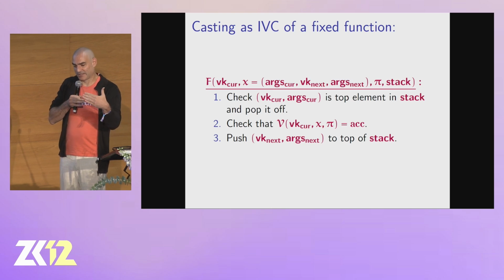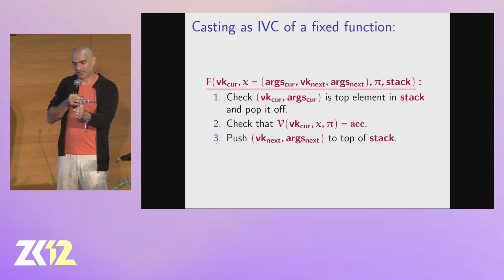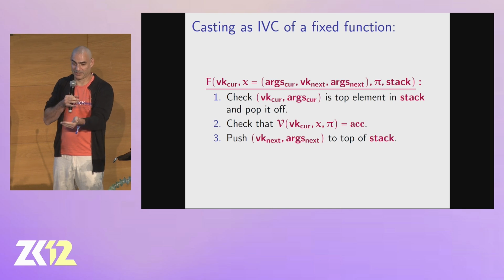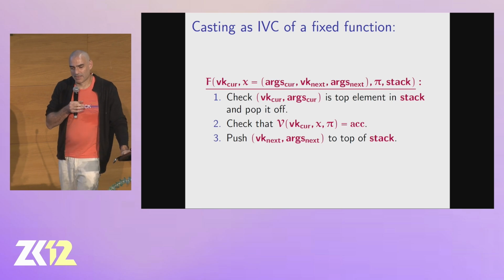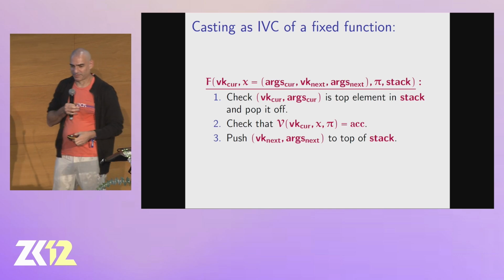So if you want to make it closer to what's actually going on, you can think of pi as just the actual original witness. But for simplicity, you can also just think of pi as a proof.